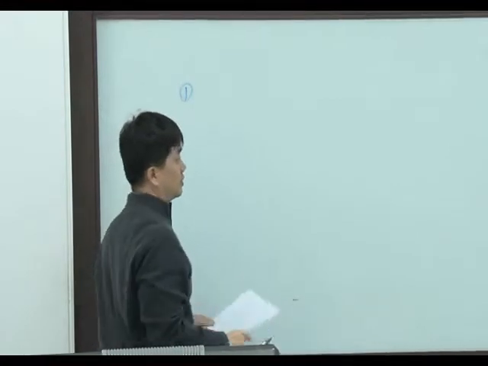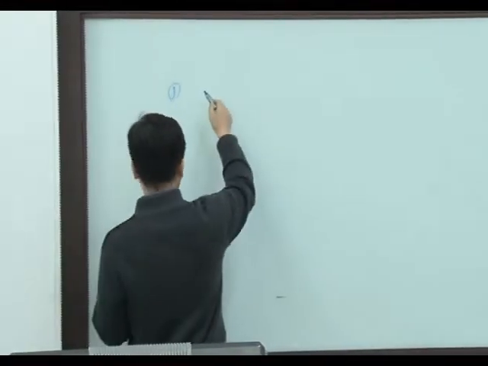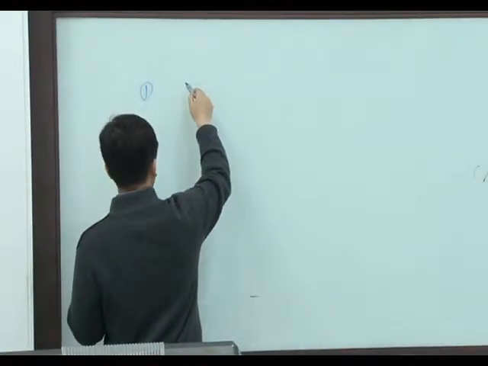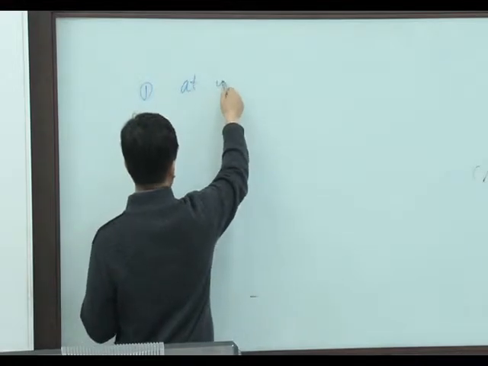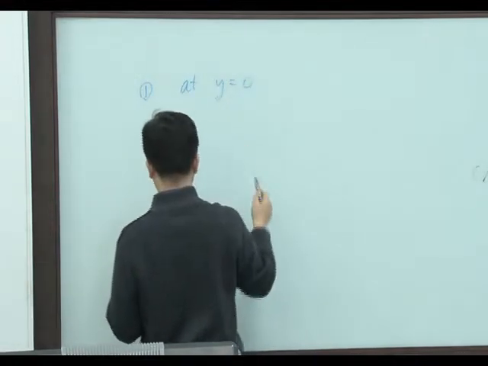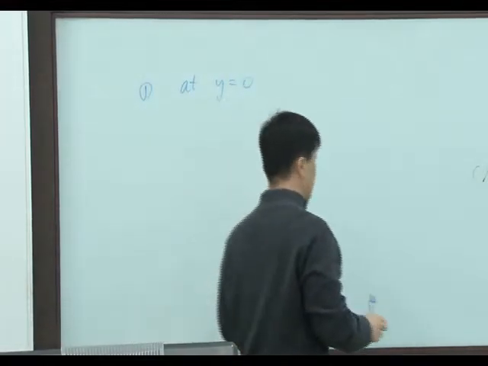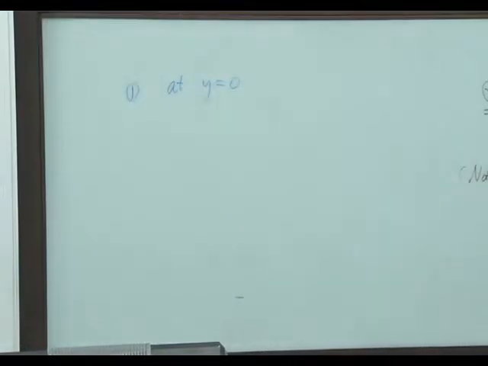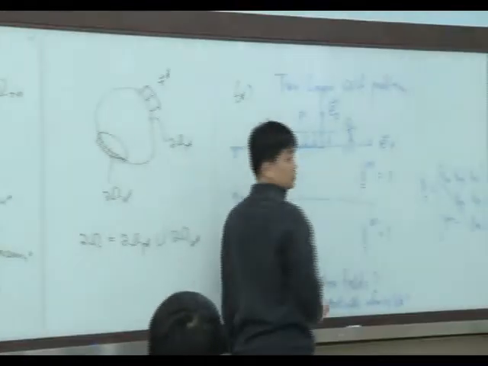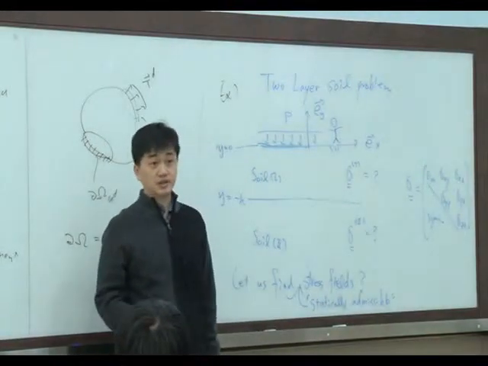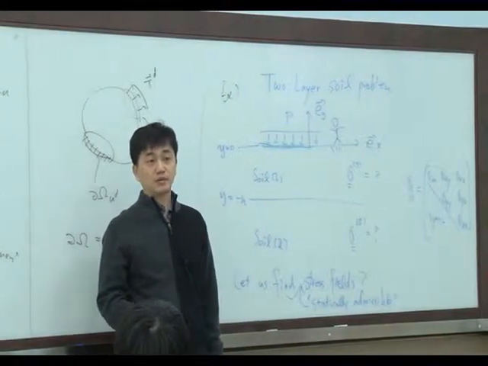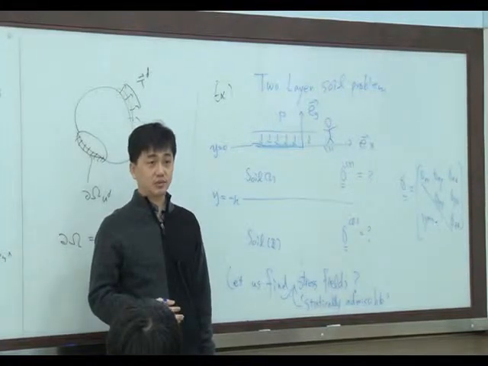First, at y equals 0. So y equals 0 is here. This is a boundary, right? Where we should consider the boundary condition.